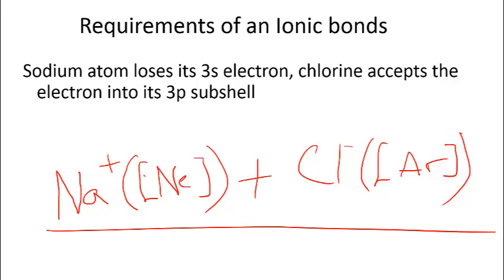Its resulting electron configuration is that of neon, and it now has a positive charge associated with it. It combines with the chlorine ion, which now has a negative charge because it accepted sodium's 3s electron, and chlorine's resulting electron configuration is that of argon.